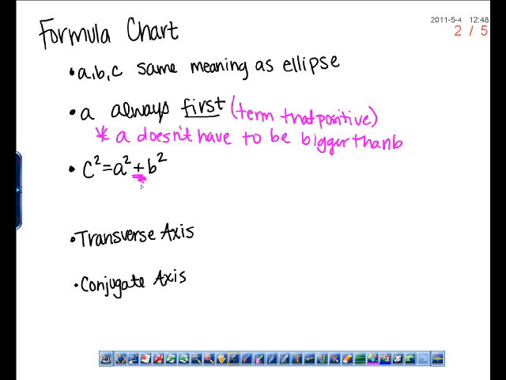The major axis always connected your vertices, and that's always longer than your minor axis. In a hyperbola, we use 2 different words, transverse axis and conjugate axis. The transverse axis connects your vertices.